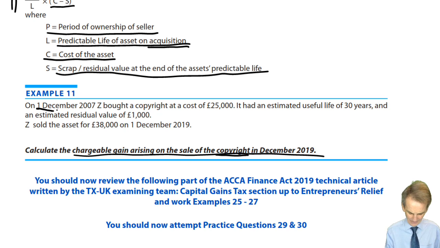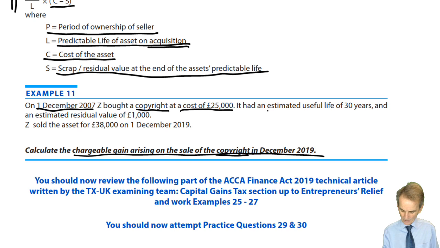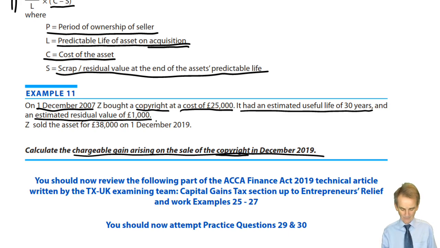So what have we got? On the 1st of December 2007, Z bought, there's our copyright, cost 25,000. There's our original cost. On acquisition, it had an estimated useful life of 30 years at that point. It also had an estimated residual value of £1,000.